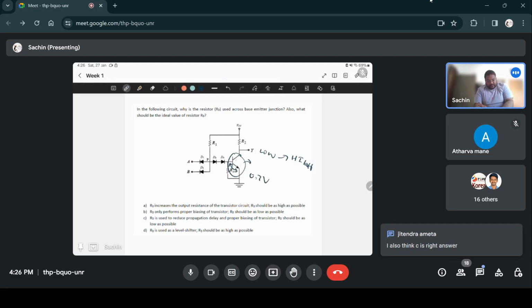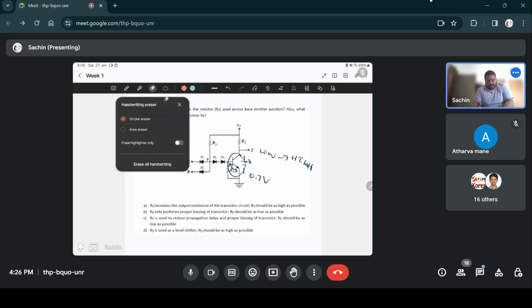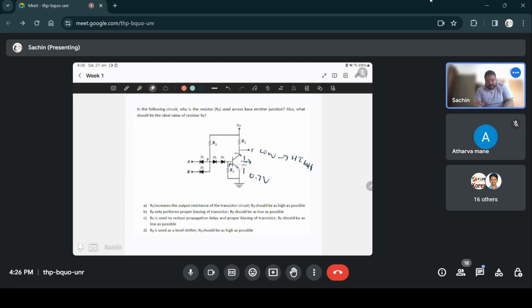But since this can behave like a capacitor, there will be capacitance here. It will take some time for the VBE voltage to go below 0.7 volts. If you want to make it faster, you can give it a path, like what is done here by connecting a resistor. That will give it a path to discharge all that charge it accumulated.